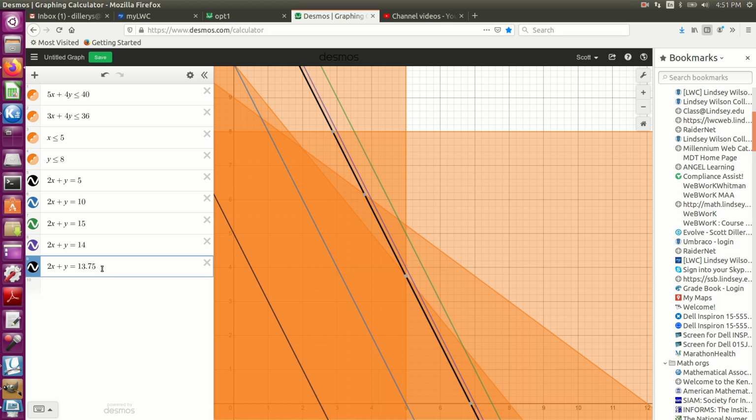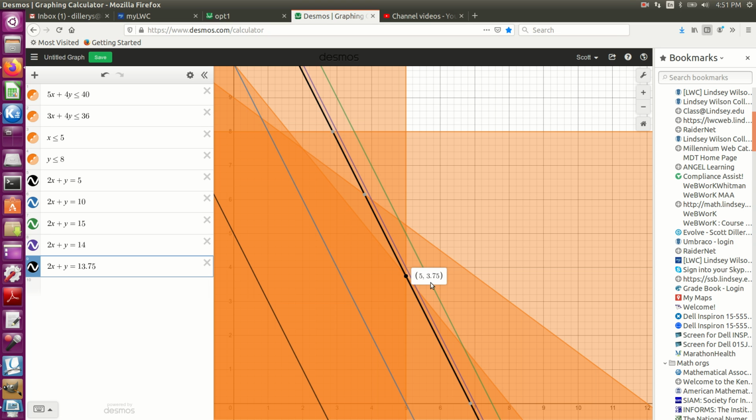But it turns out my maximum value is 13.75, and what I see is that occurs when my x is 5 and my y is 3.75. So again, I don't know if 3.75 for y makes sense.